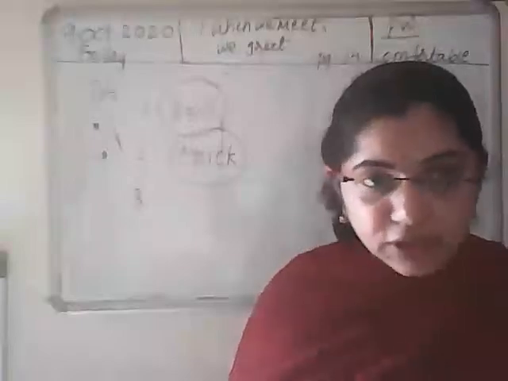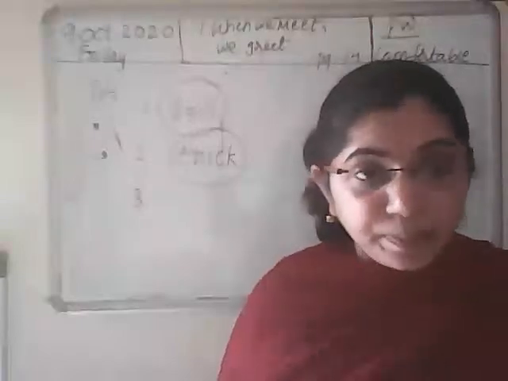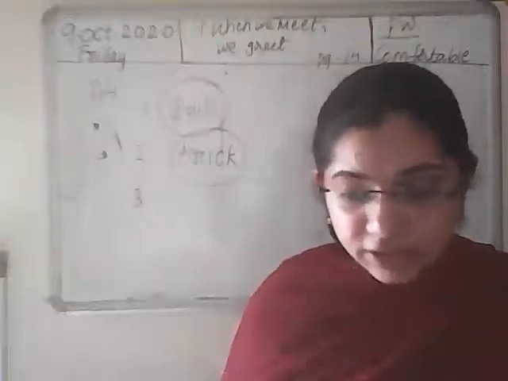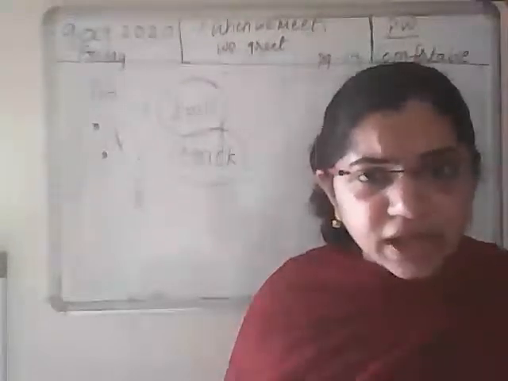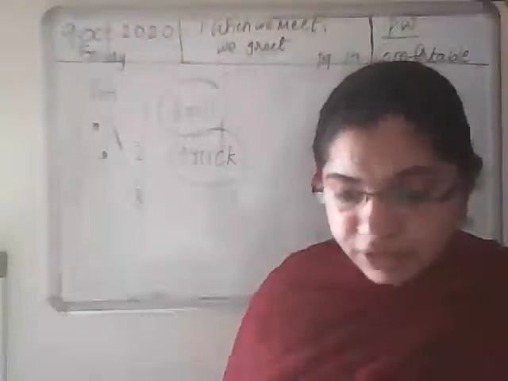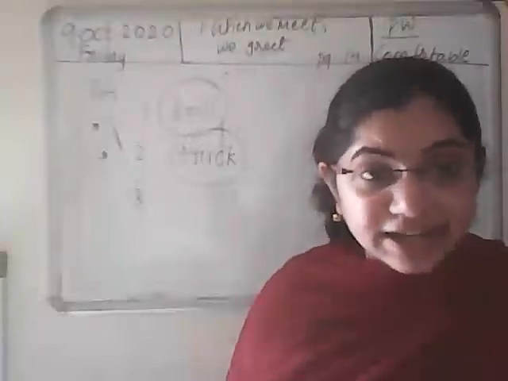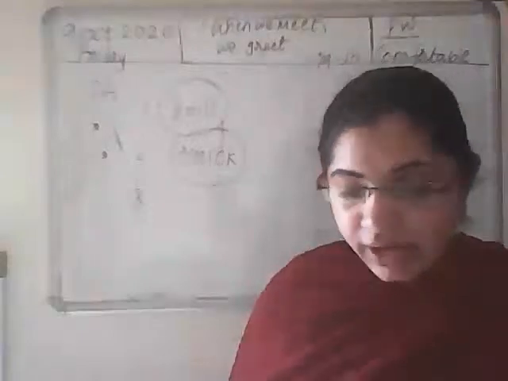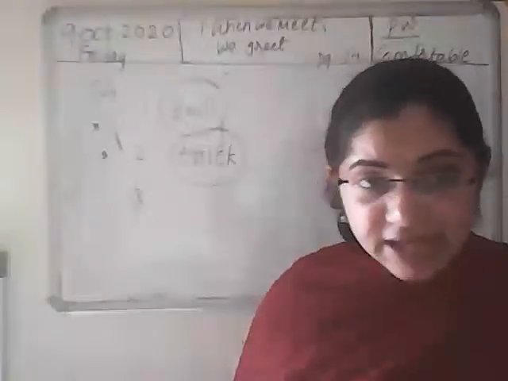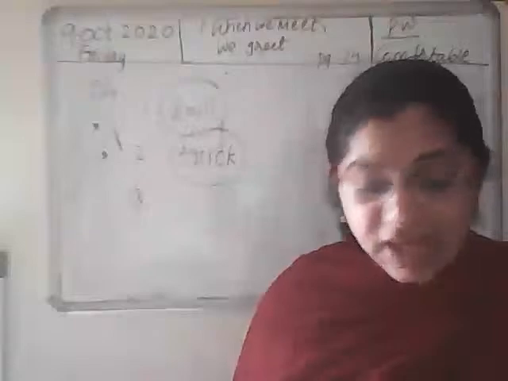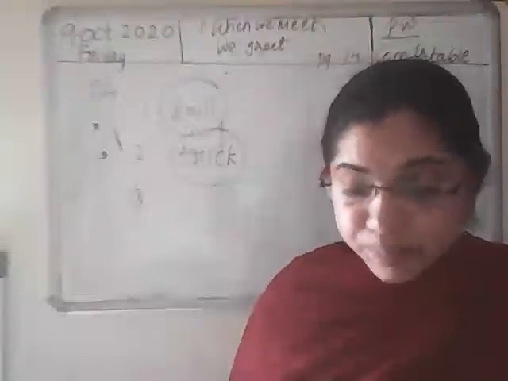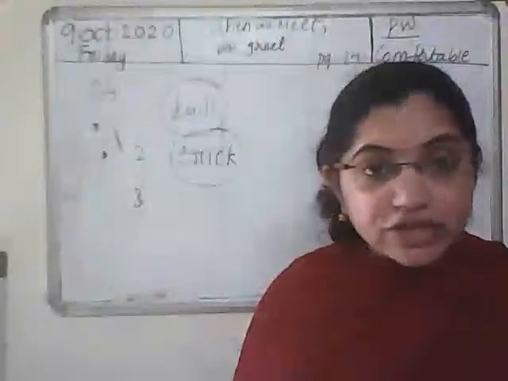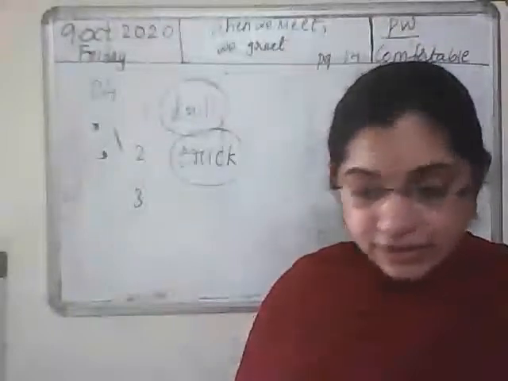Now see the third group. Price, print, pray, tray, prank. So in price it is pr. In case of print it is pr. In case of pray it is pr. In case of tray it is tr.